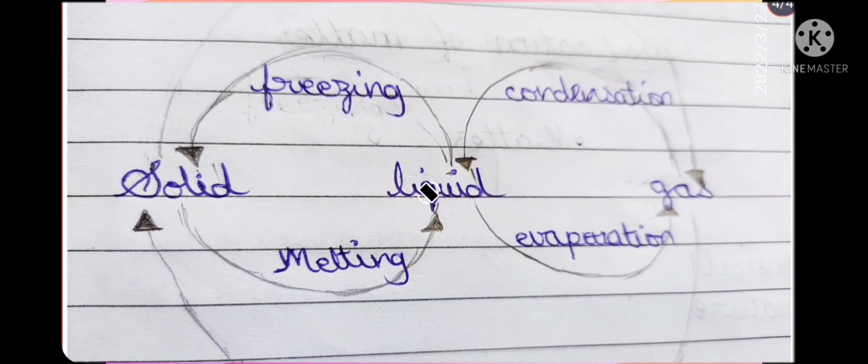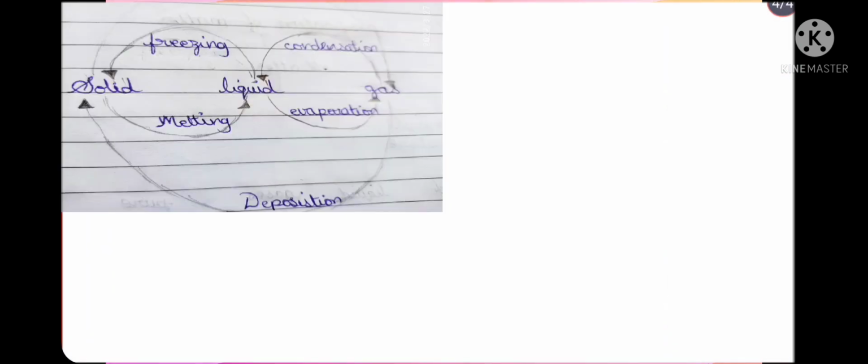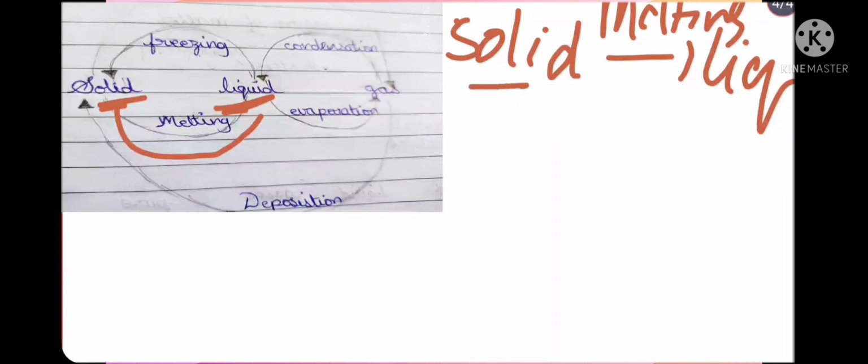When a solid changes into a liquid, it is called melting. Melting is the process of conversion of solid state to liquid state by heating. So solid to liquid is called melting.